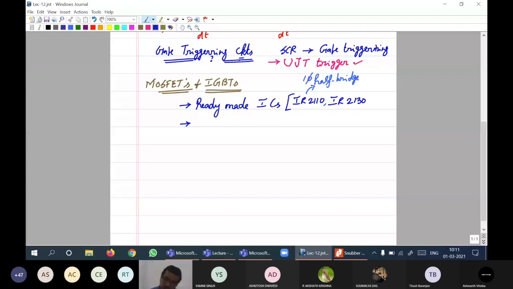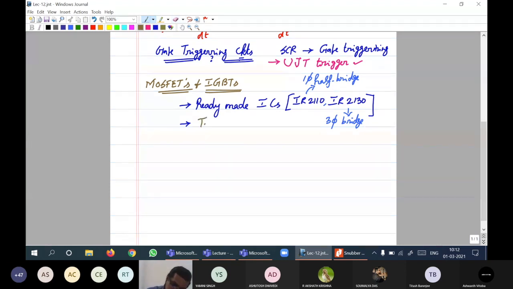Whereas when you take 2130, this is for three phase bridge, full bridge. Okay. And if you want to trigger only one MOSFET or one IGBT, that is also available. In fact, individual MOSFETs, if you want to trigger, I will write them here.